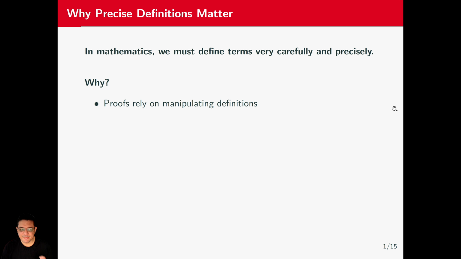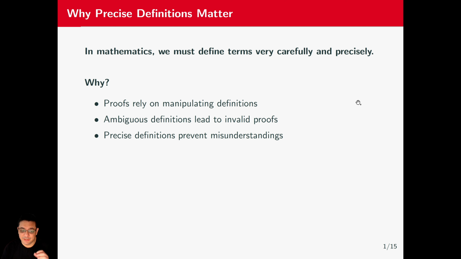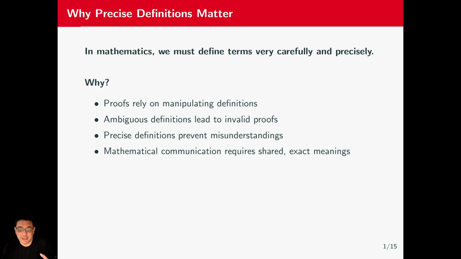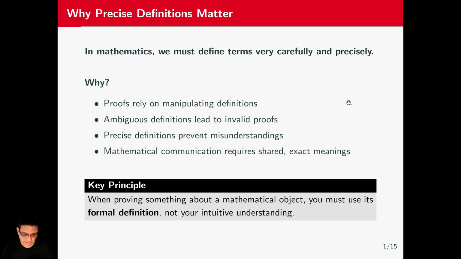First, in mathematics we must define terms very carefully and very precisely because proofs rely on manipulating definitions. If you have ambiguous definitions, you might end up doing invalid proofs. So you need precise definitions to prevent misunderstandings, and mathematical communication relies on those exact meanings.